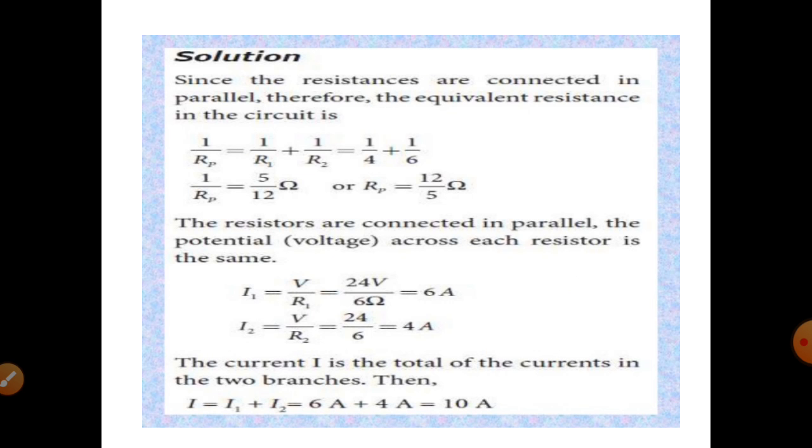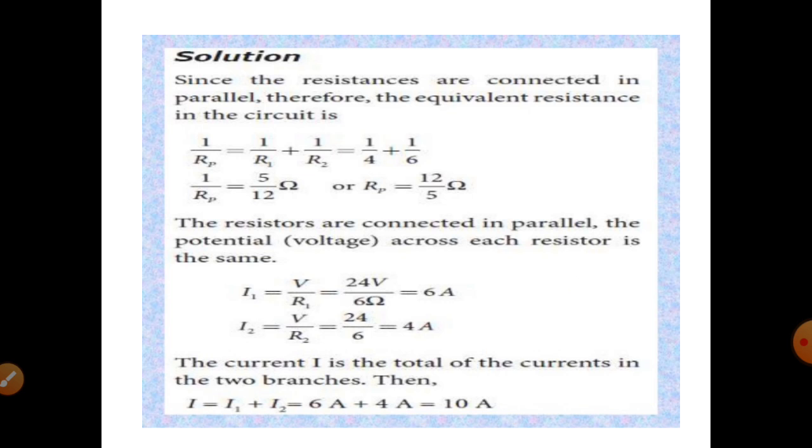In a parallel circuit, the equivalent resistance formula is 1 by Rp is equal to 1 by R1 plus 1 by R2, is equal to 1 by 4 plus 1 by 6. Therefore, 1 by Rp is equal to 5 by 12 ohm.